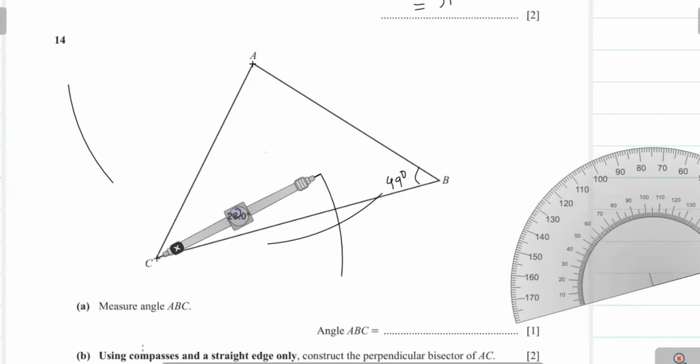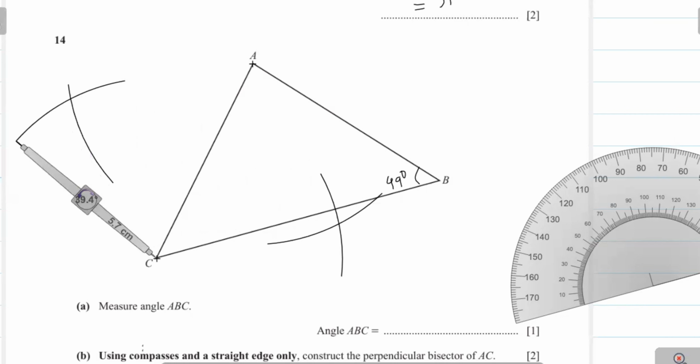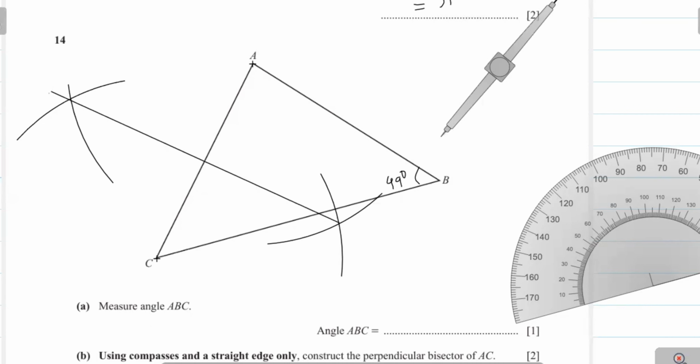Next we will draw the arc on the left side, same as before, and this arc intersects the first arc at this position. Now we will join these intersecting points with a line. This is the perpendicular bisector of AC.